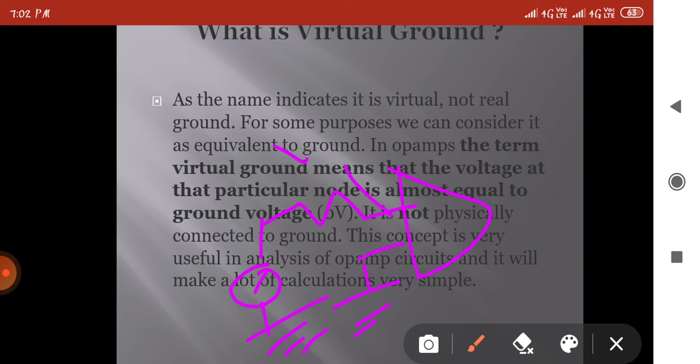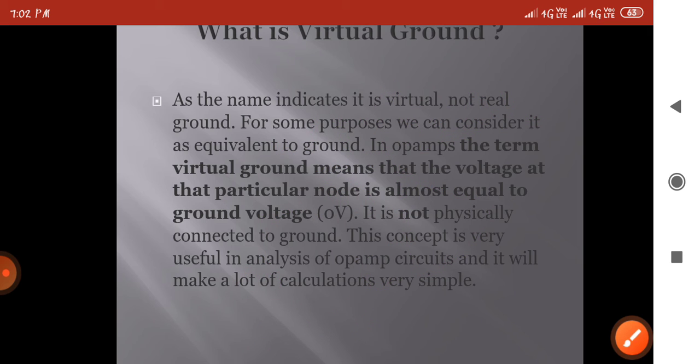This is called a virtual ground. It is not connected to ground, but there is no supply voltage. It is called a virtual ground. Node means a point where one or two points are joined. The ground voltage is zero. It is not physically connected to ground.